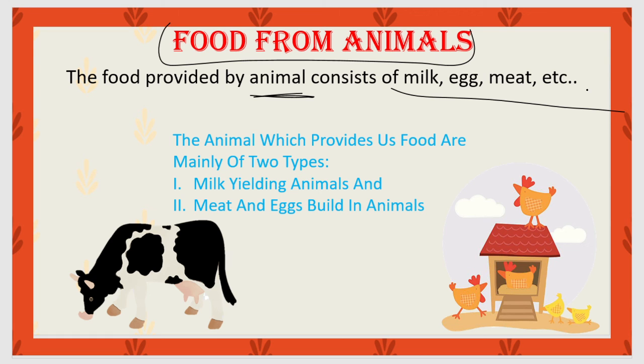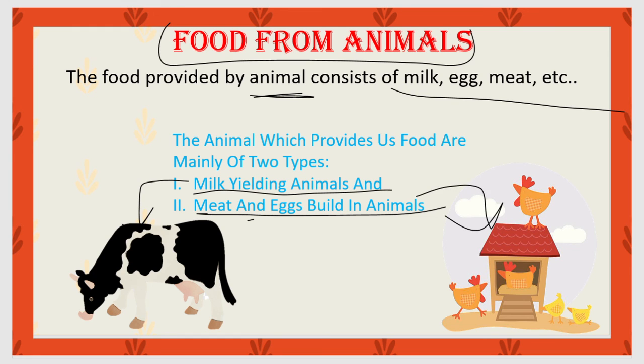In this classification we get two types of animals: milk yielding animals, and meat and egg yielding animals. In the first we have cow, buffaloes and goats, and in the second we have goat, sheep, fish, and poultry animals like chicken, hen, or duck. Poultry gives us meat as well as eggs.